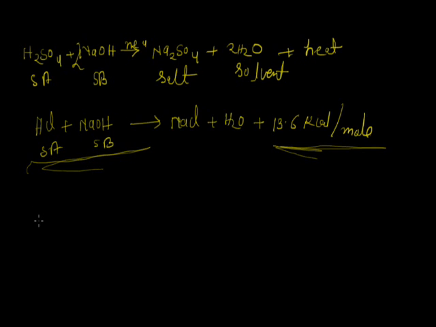If any one is weak, for example we take a strong acid HCl but a weak base NH4OH. HCl is a strong acid and NH4OH is a weak base. After the reaction, it gives NH4Cl plus H2O plus heat.